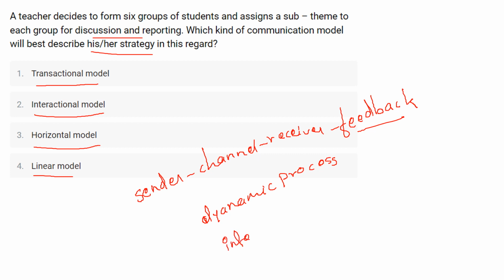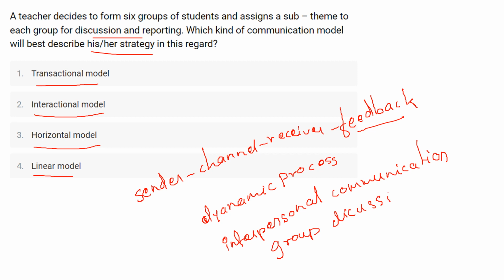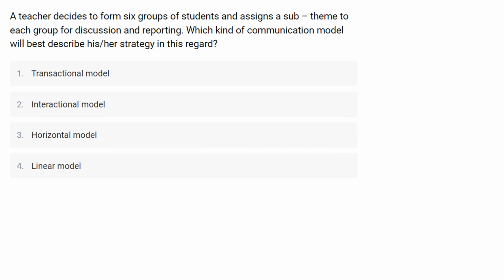Please remember this: interpersonal communication or a group discussion. It's also called a circular model of communication. Please remember the other name, that is circular model of communication. So here the correct answer will be option number 1, that is transactional model.